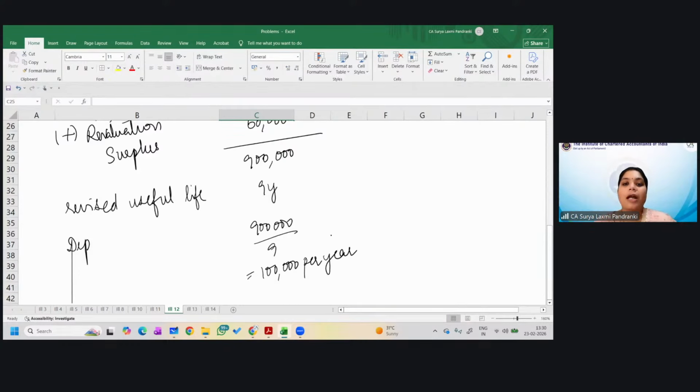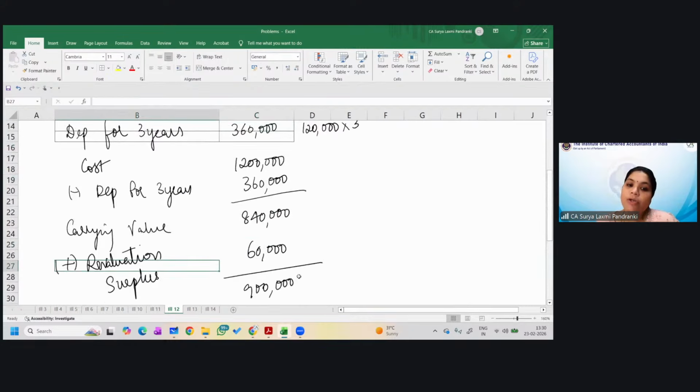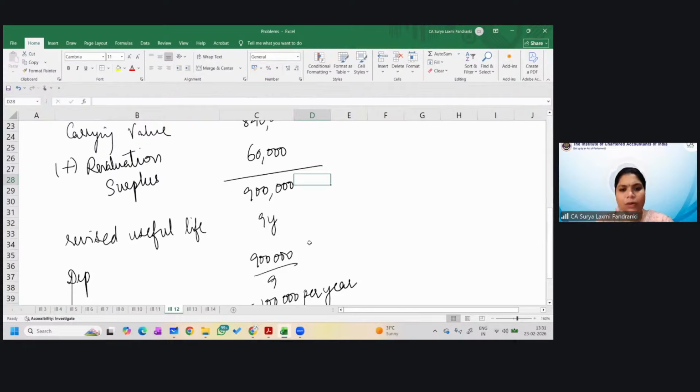So from today, you will start providing depreciation of 1 lakh. So when the value is revised or useful life is revised, or when you are changing the method, from that date you will again start checking for the carrying value and then start providing depreciation. That's the only logic. You have to see on what date you are changing and then do it.